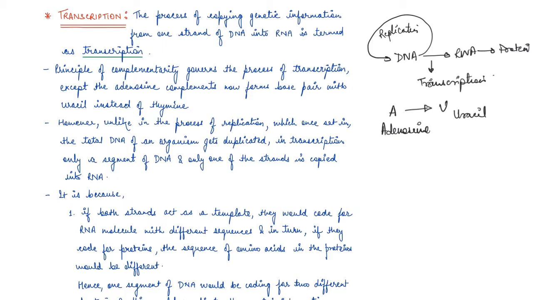So one segment of DNA would be coding for two different proteins. This would complicate the machinery of transfer of genetic information, because both these strands would be coding for different kinds of proteins.